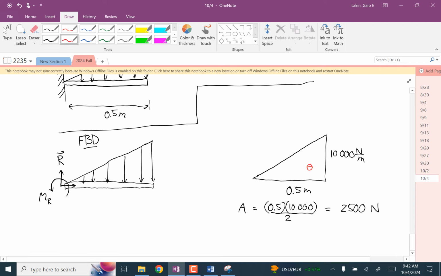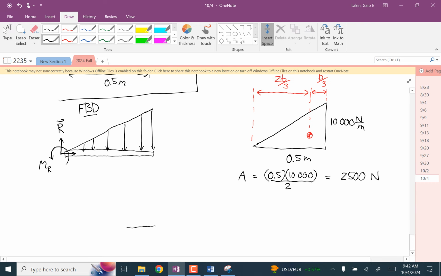Well, this is a right triangle. And so we know this distance is base over 3, and this distance is 2 base over 3. Okay, so we know that from the left end, it's 2/3 of the length of the beam where this is located. We don't care about the vertical position of that centroid.